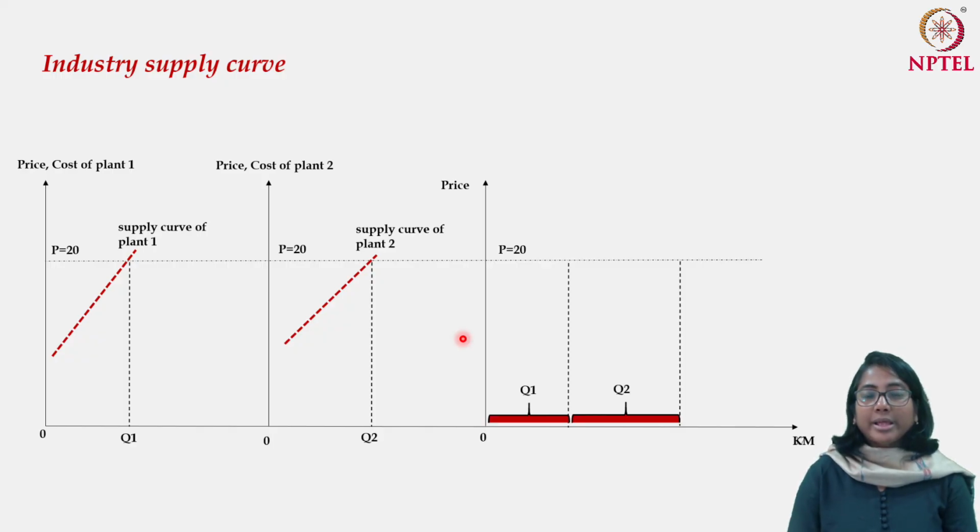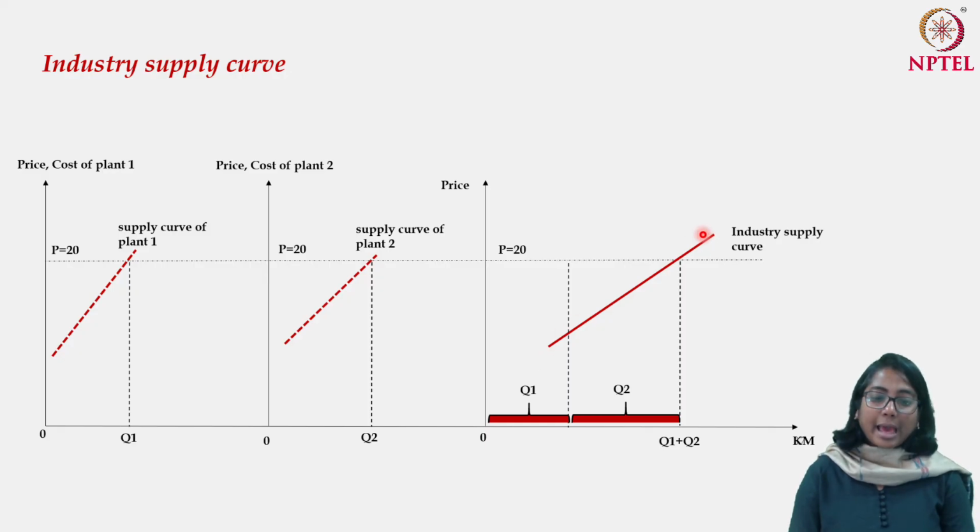If you think about the industry supply curve, you will see that at price P equal to 20, total output supplied will be equal to Q1 plus Q2, and this is how the industry supply curve looks. The absolute slope of the industry supply curve is less than the absolute slope of the supply curve of each individual plant.